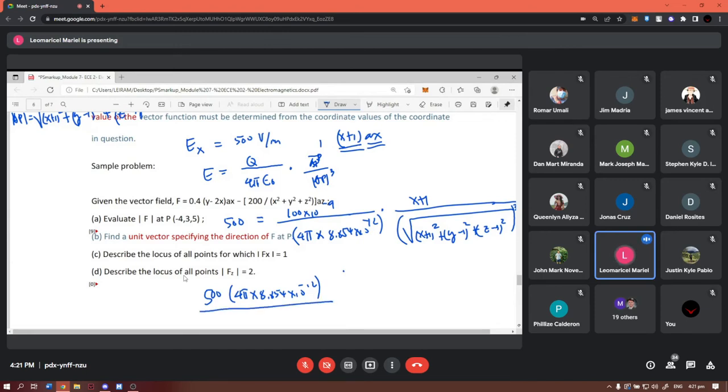Divide natin ito ng 100 times 10 to the negative 9. Equal siya sa x plus 1 all over square root of x plus 1 square, y minus 1 square, z minus 3 square. Then ito ay naka-cube.